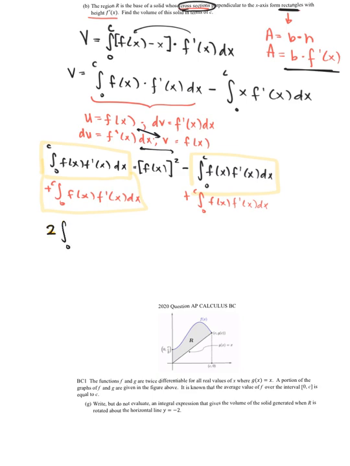So that would be 2 times the integral from 0 to c of f of x, f prime of x dx. And then this canceled, so that is equal to f of x squared. And then I realized I forgot that it's a definite integral, so from 0 to c. And so then now, two more steps. I'll do this in 2 steps. So I have 2 times that integral still.